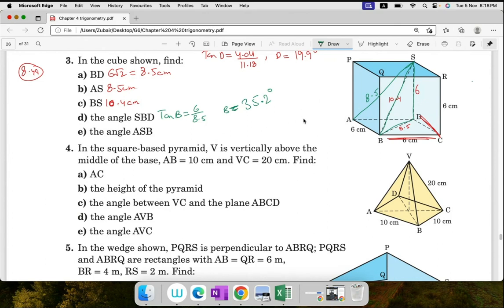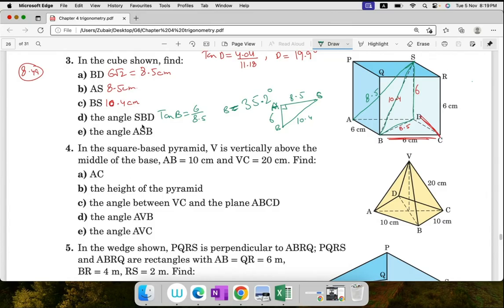And if we just extract that out, BAS is 90 degrees. AB is actually 6, AS is 8.5, and BS is 10.4.